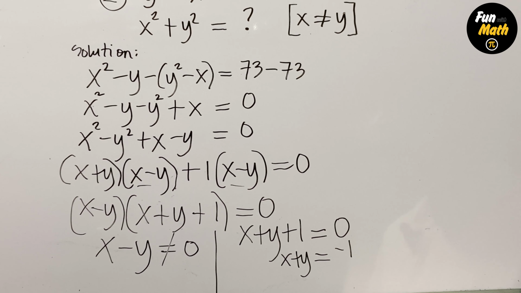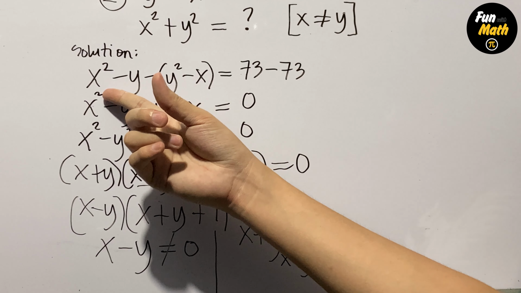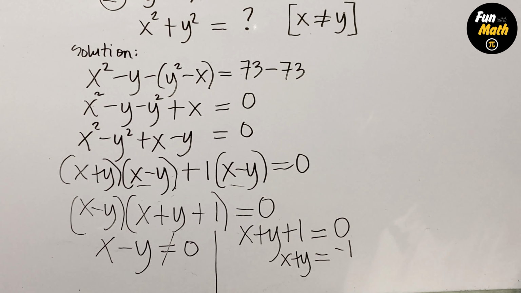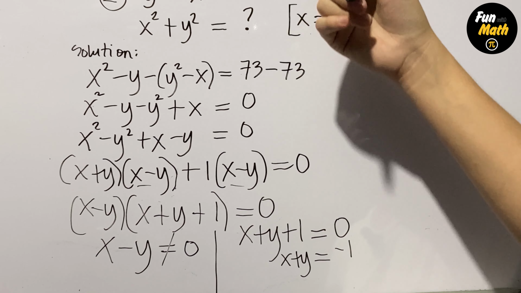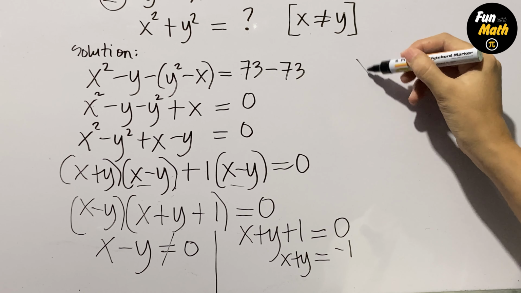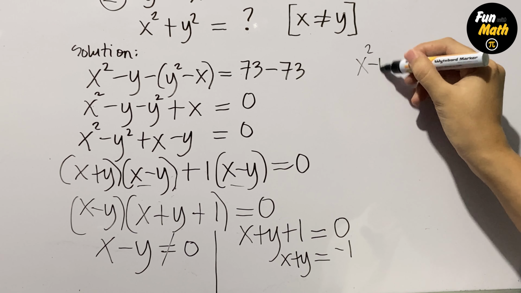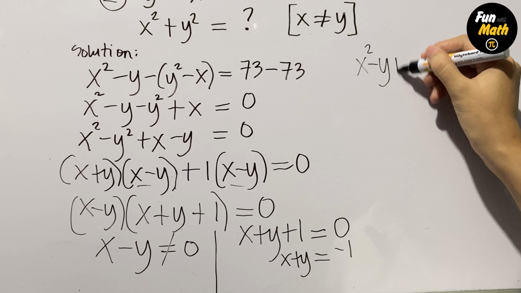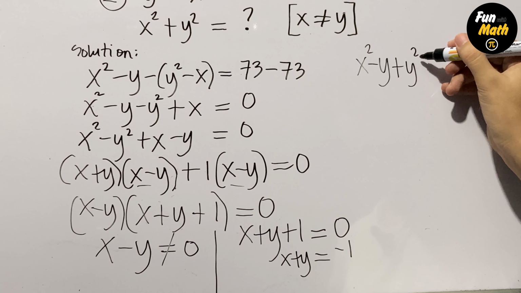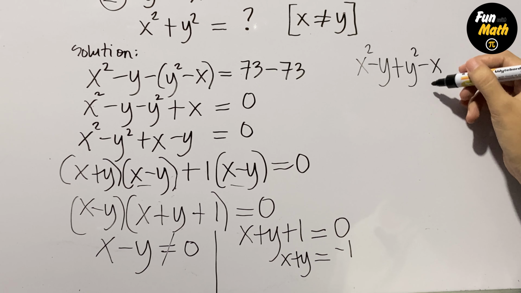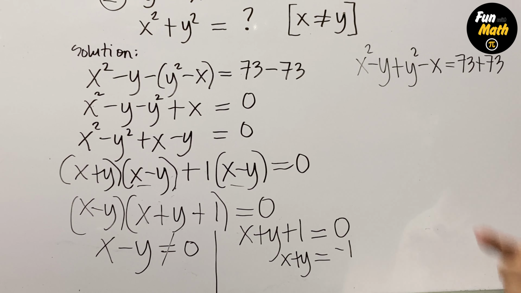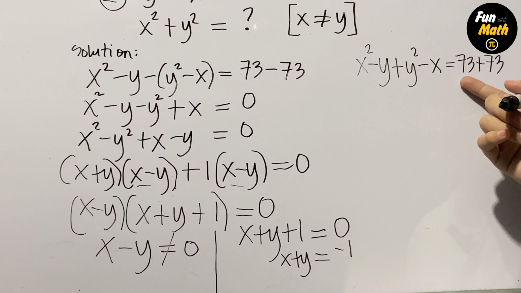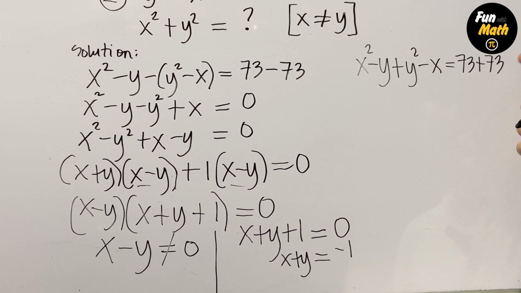And then another, after we subtract the first and second equation, now we are going to add the two equations. So that is x squared minus y plus y squared minus x equals 73 plus 73. And then we are going to arrange this and then add the 73 plus 73.